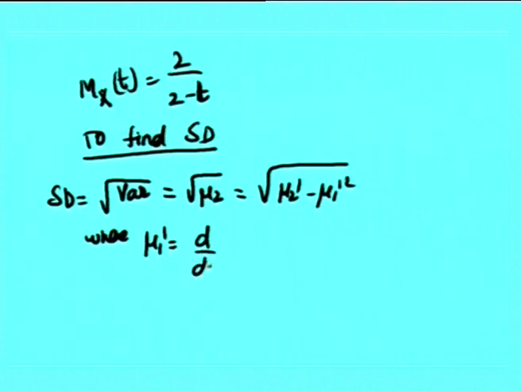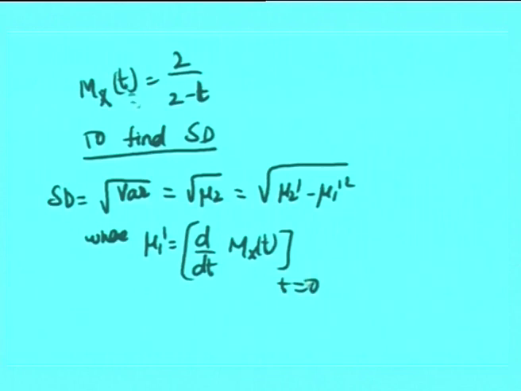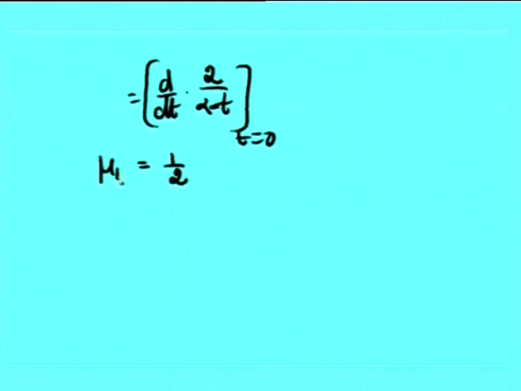Mu 1 dash is d by dt of mx of t at t is equal to 0, which is d by dt of 2 by 2 minus t at t is equal to 0. As usual, you differentiate and then put t is equal to 0, you get the answer as 1 by 2. This is mu 1 dash.